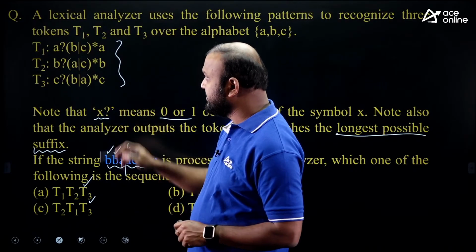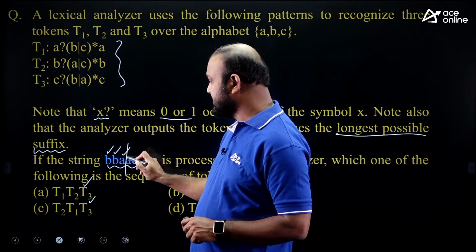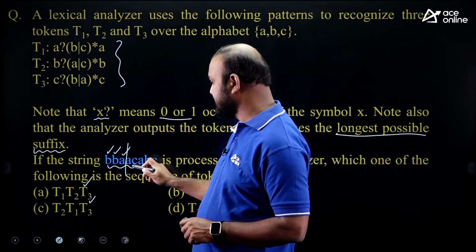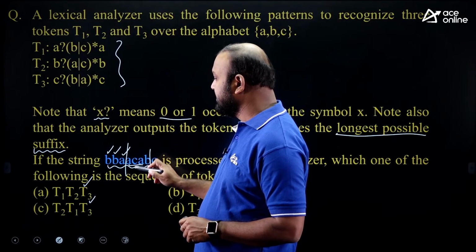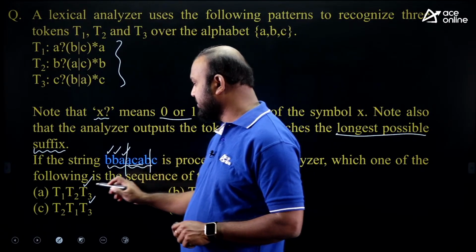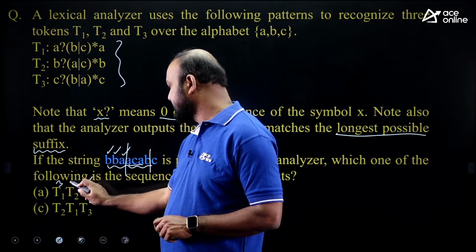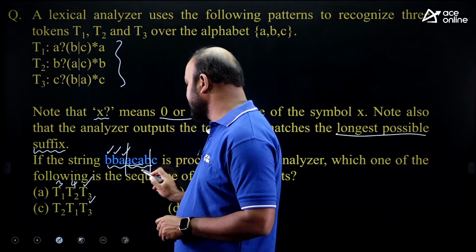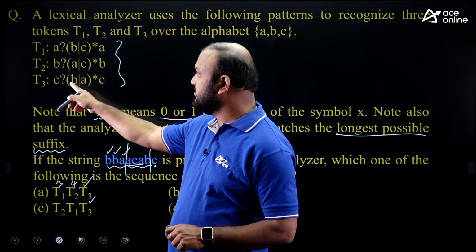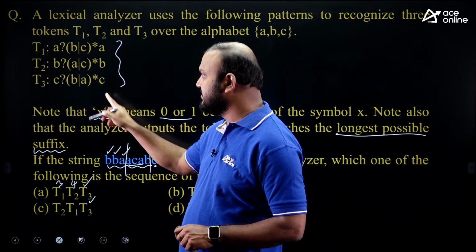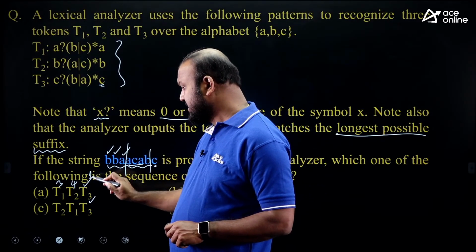Again token 2's pattern is B question mark, (A|C) star, B. B question mark means 0 occurrence of B, (A|C) star means 3 symbols, and it ends with a B. This is token 2. Now token 1 has length 3 and token 2 has length 4, and the last token 3, C question mark, (B|A) whole star, C, means at least 1 occurrence of C is required. That is matching with token 3.